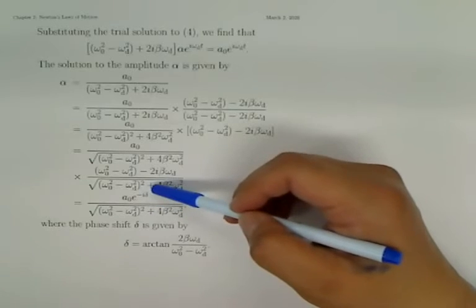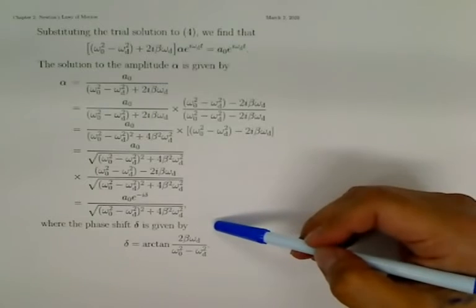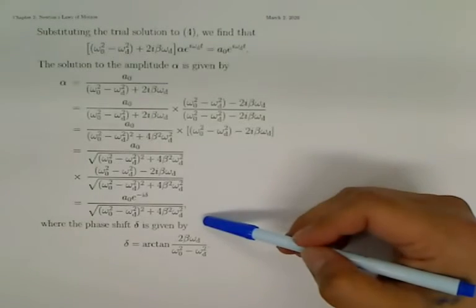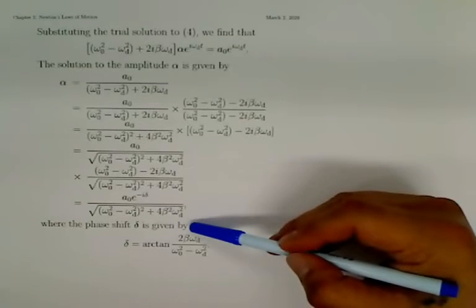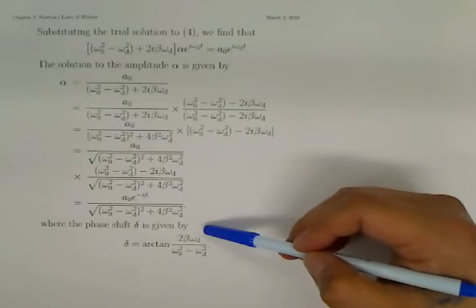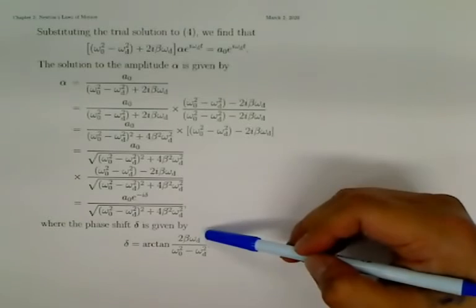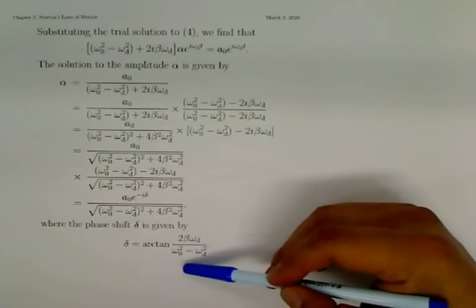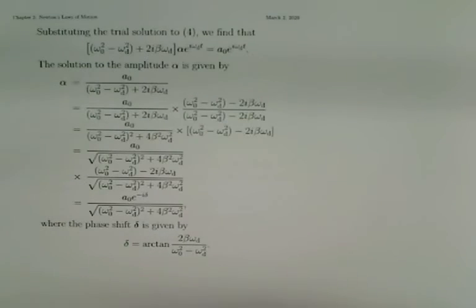The shifted phase is completely determined by the damping coefficient multiplied by the driving frequency, divided by the characteristic frequency squared minus the driving frequency squared.